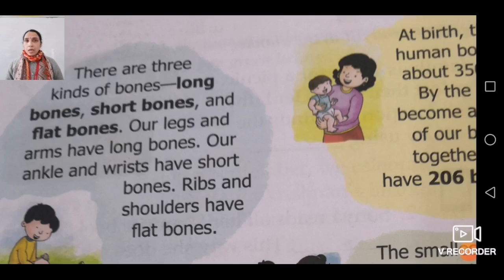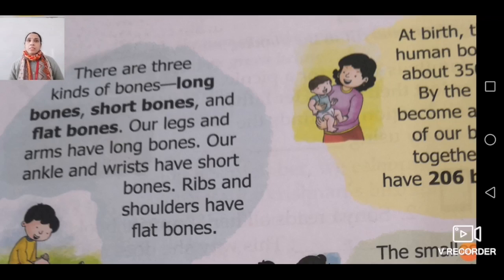Now our legs and arms have long bones. Our ankle and wrist have short bones. Ribs and shoulder have flat bones.